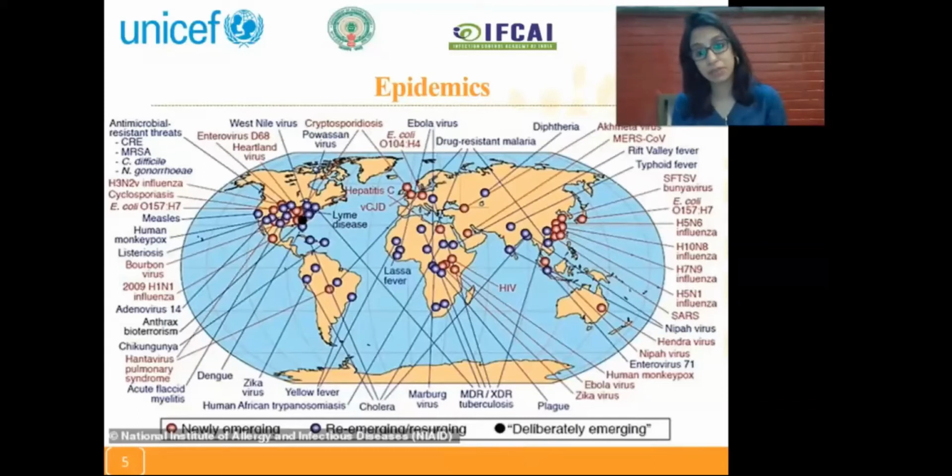From different parts of the world where there are good surveillance systems and good reporting mechanisms, you tend to pick up outbreaks and epidemics early and you tend to take control measures early. But this map is just to show there are all kinds of infections which occur as epidemics, which are sudden in onset, not expected in those regions. They come, they affect the population, and then they are controlled.